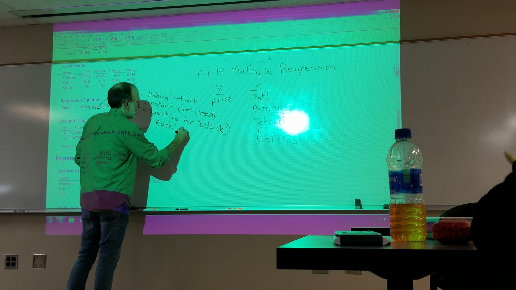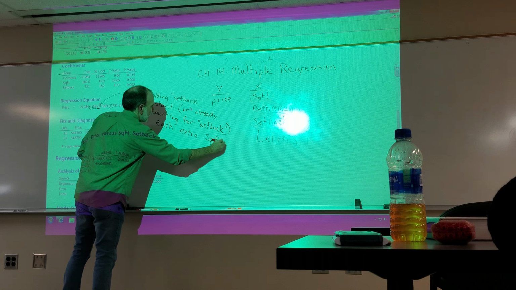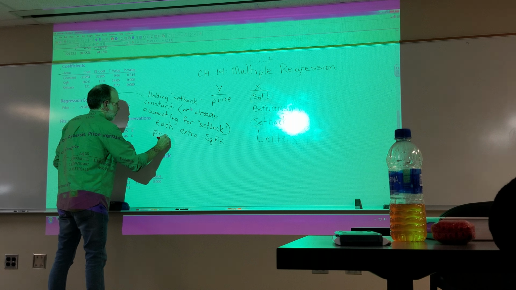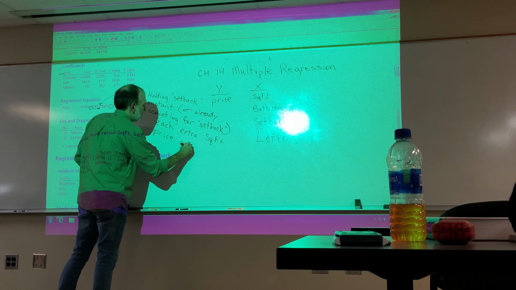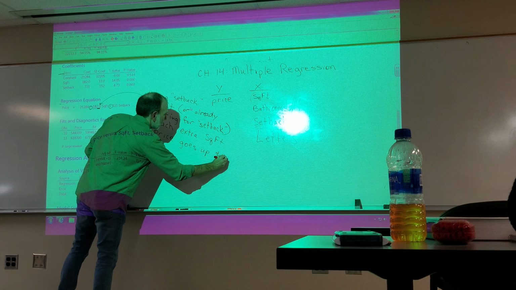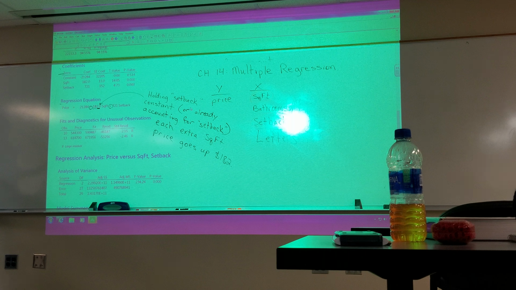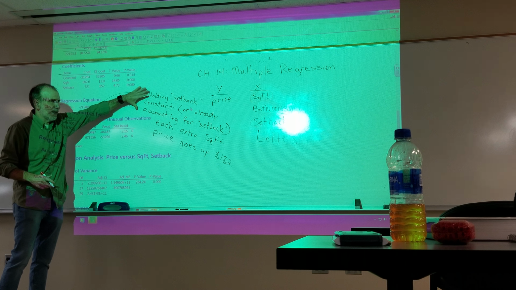Each extra square foot, price goes up $182. So that last part is like it was before. Each extra square foot, price goes up $182, but we have to acknowledge this.